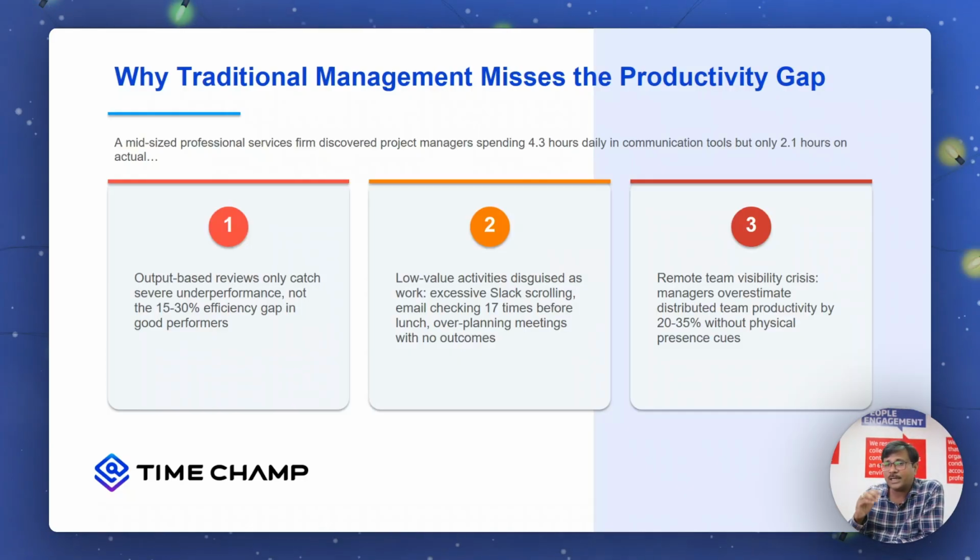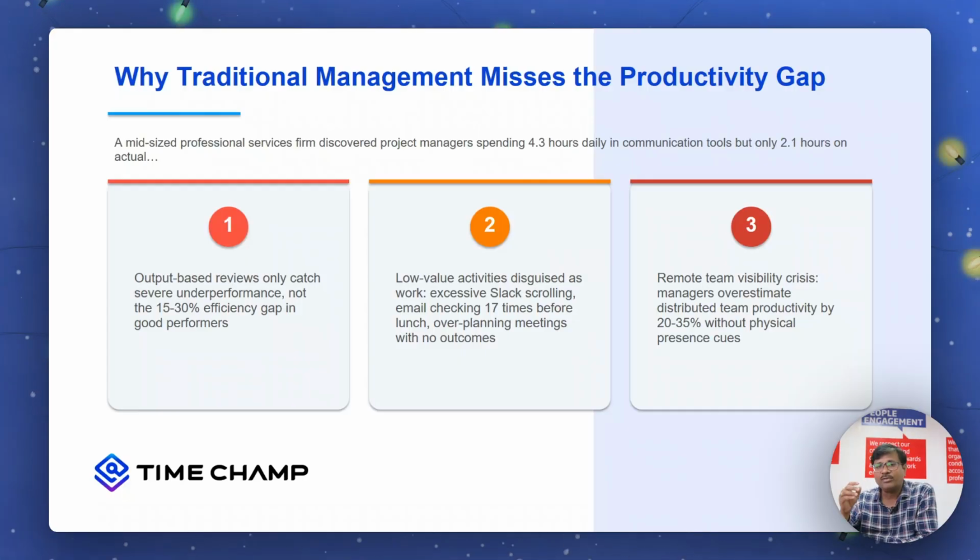Here is what is critical to understand. Unproductive hours do not look like employees scrolling Instagram for 3 hours. That would be easy to spot. Instead, it's low-value activities that feel like work, not real work. Excessive back and forth in Slack that could have been a 2-minute conversation.